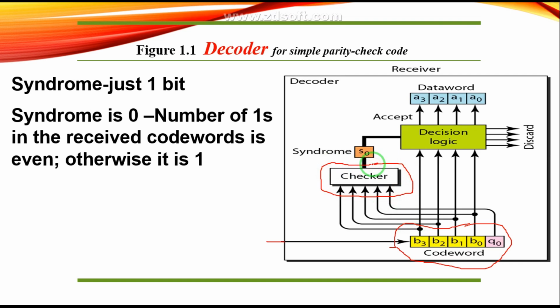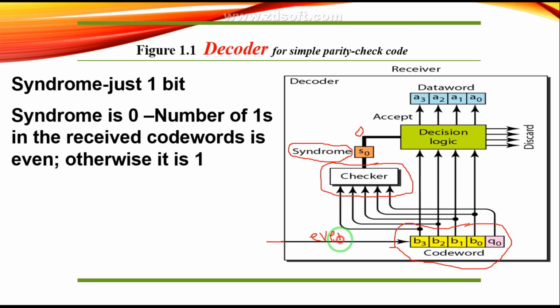It does the same thing as the generator in the sender, with one exception: the addition is done over all 5 bits, whereas the generator did the addition over 4 bits. The result of this checker is called the syndrome, denoted by S0. And remember, the syndrome is 0 when the number of ones in the received code word is even.